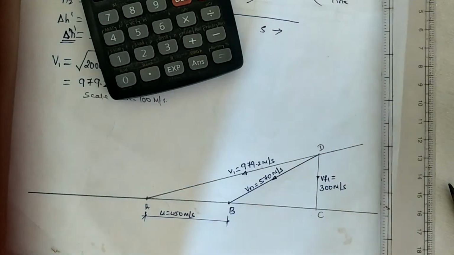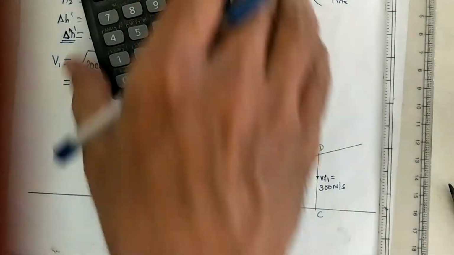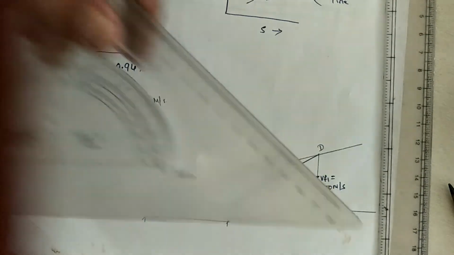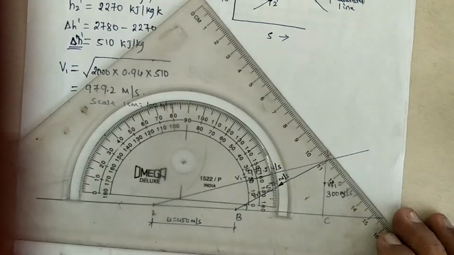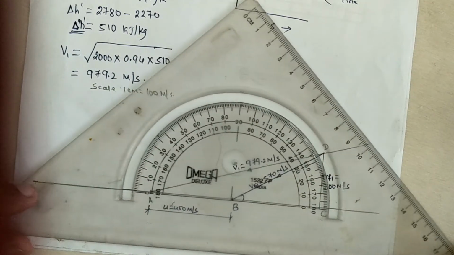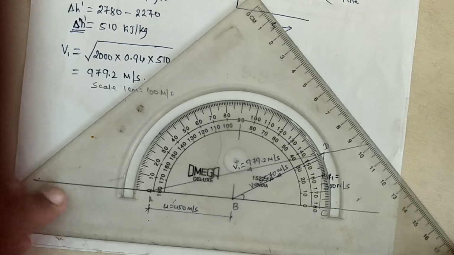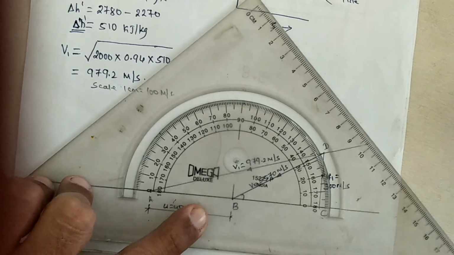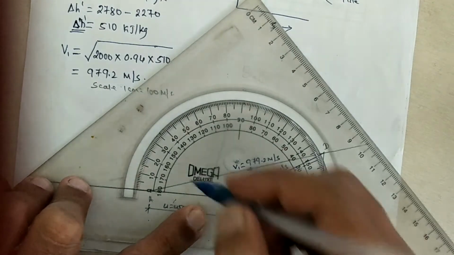Then we need to calculate the angle beta 1, so just measure the angle beta 1. In this problem beta 1 is equal to beta 2, because it is equiangular. So I am going to measure the angle beta 1. I am getting somewhere around 32 degrees, and the same angle for beta 2 also.